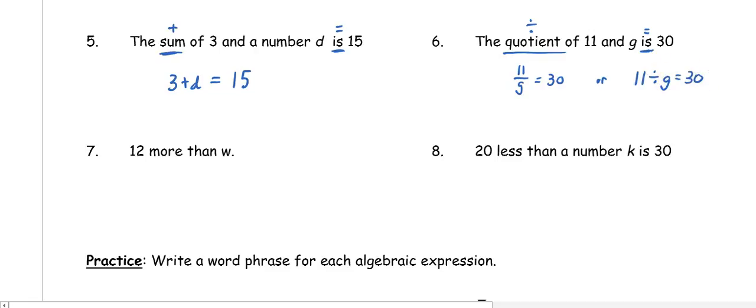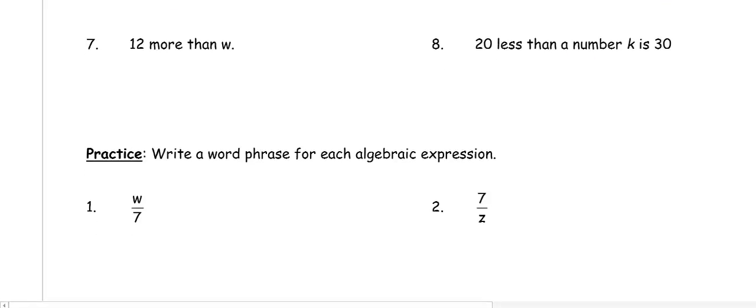Now, when we see the words more than and less than, these are important words that we have to be careful with. Whenever we see more than or less than, you must switch the order.